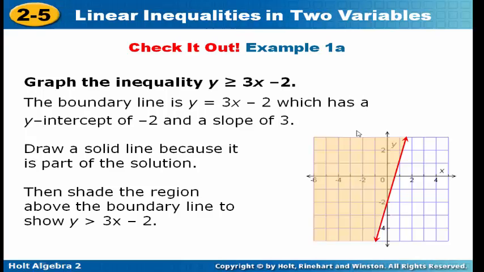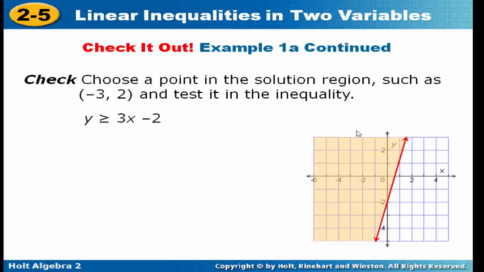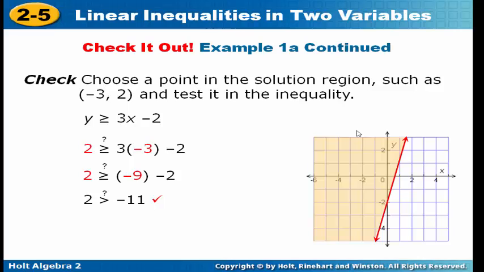These values are greater, so shade this part. And choose a point in the solution like negative 3 and 2 and put it in the inequality. We will find that this point satisfies the inequality.